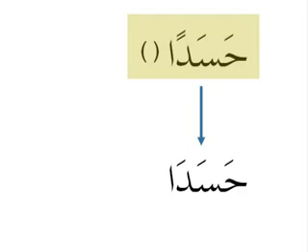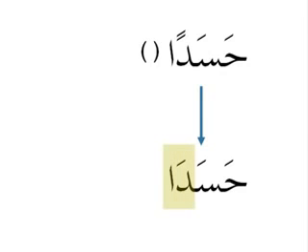However, if you're stopping, and we've got these two brackets here indicating the stop sign, then what you're actually doing, from the tanween you drop out the noon sakin, so you're left with, in this case, the dal with fatha. So instead of dan you have da, just fatha, and you've still got the alif. Because of that, you read it as hasada.